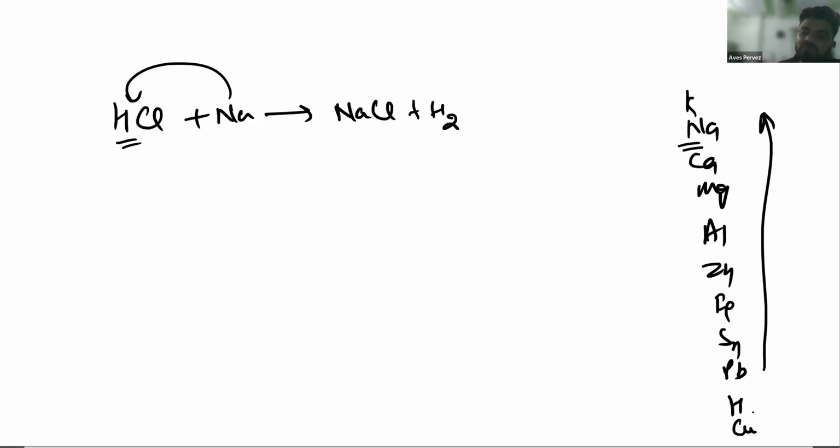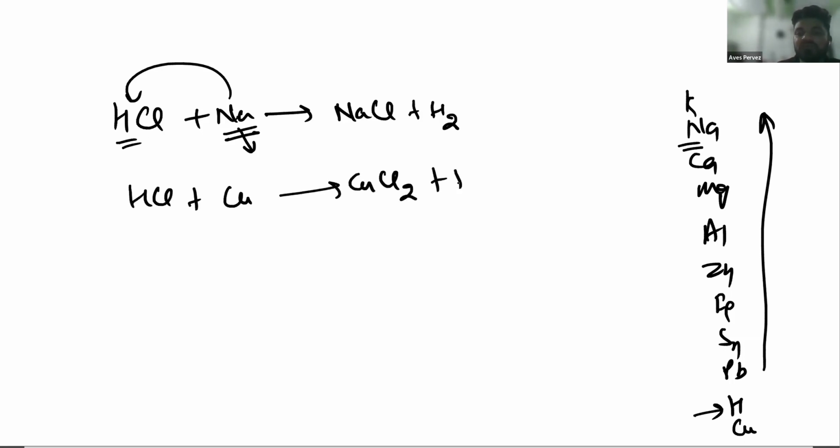But copper comes below hydrogen in the reactivity series. So here sodium is more reactive, and the more reactive element displaces the less reactive hydrogen from the acid. But what if we have Cu? Will it form CuCl2 plus hydrogen gas? No, it will not form. No reaction, because copper is less reactive.